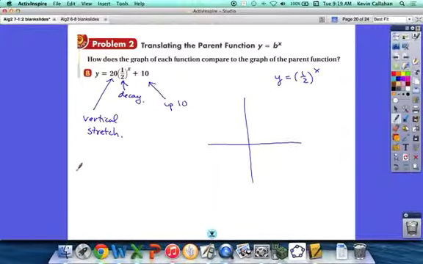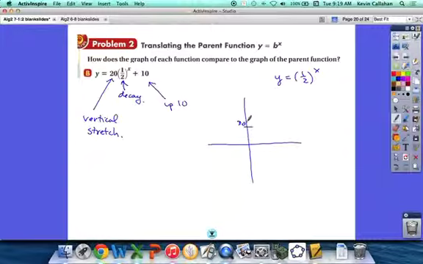Whatever that number is that's multiplying 1/2 to the x, that's the y-intercept. Now the y-intercept is going to be 30 because you're adding 10. I would have to make sure my scale made it look like it. There's 30.